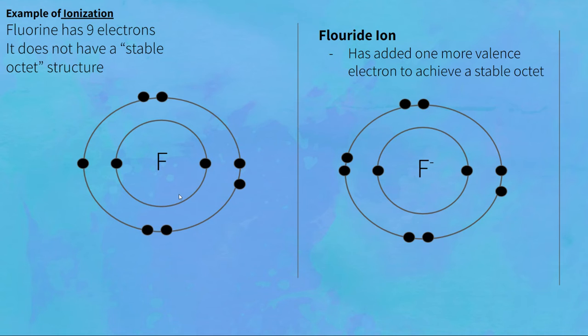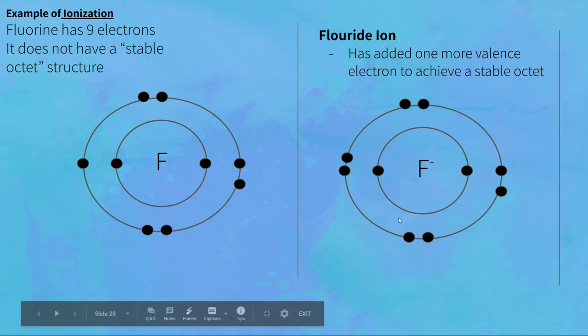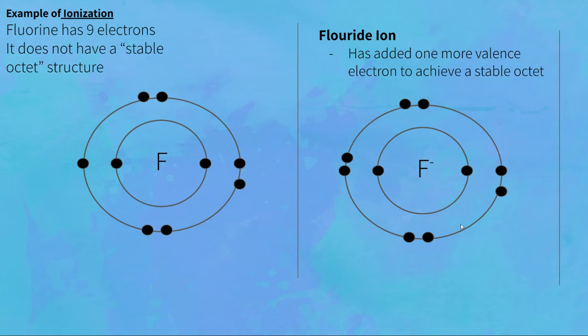So it went from being a neutral atom with 9 electrons to a stable atom with 10 electrons. But now I've changed the charge of fluorine. Here it is neutral, but here I've gained a negative, so I have to show that I have a negative electron added to fluorine. And that's how come fluorine has a little negative charge here.